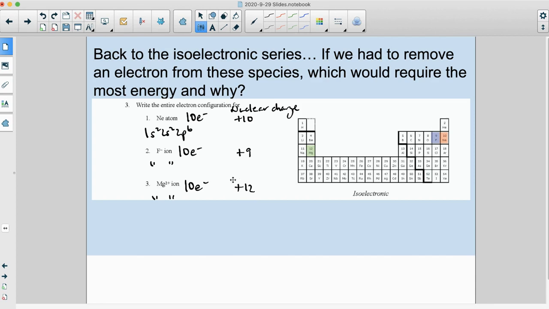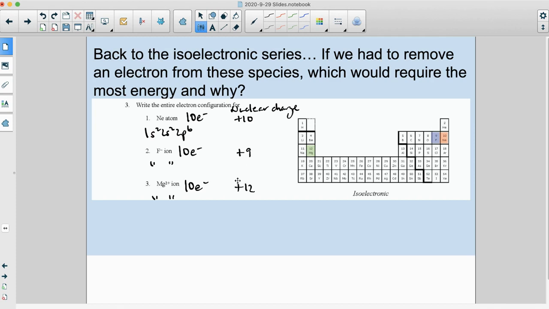So here, 12 protons in the nucleus, higher positive charge, can attract 10 electrons better than just 9 protons in the nucleus.